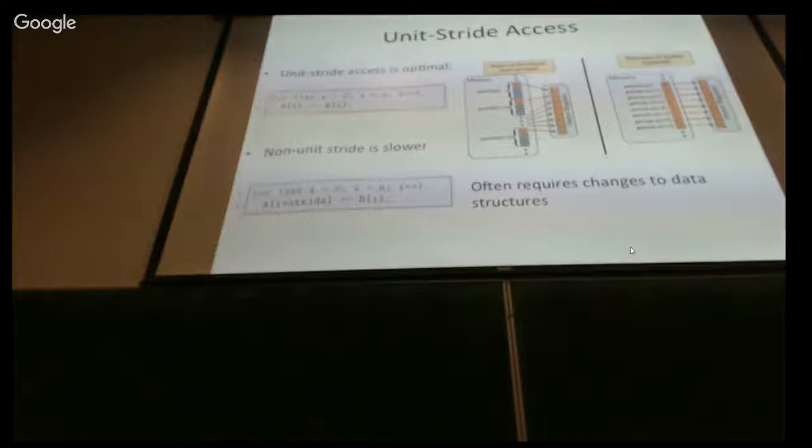So we've mentioned quite a few times this unit stride access issue. Unit stride access is optimal, there's no doubt about it. There's an example of unit stride access in the topmost code snippet. Non-unit stride access is slower, and there's an example in the lower code snippet.